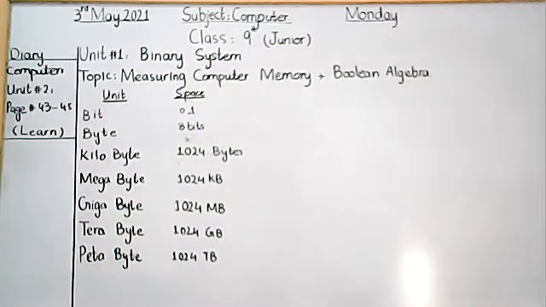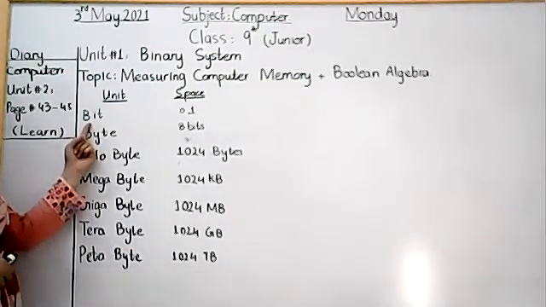So first of all, let's talk about the units which we can use to measure our computer memory. So we will start from the smallest unit in the computer memory, which is bit.